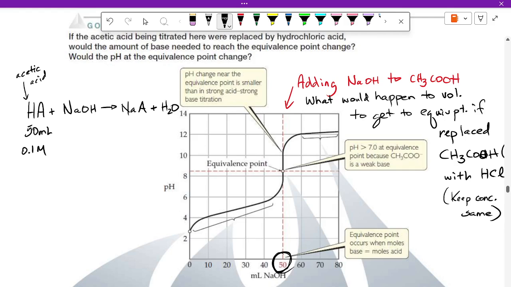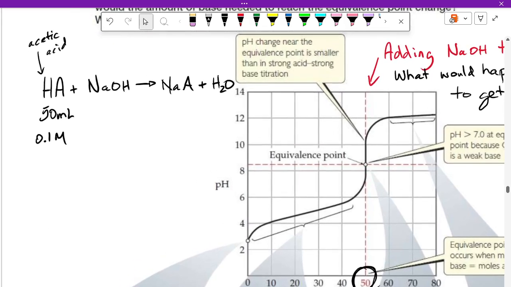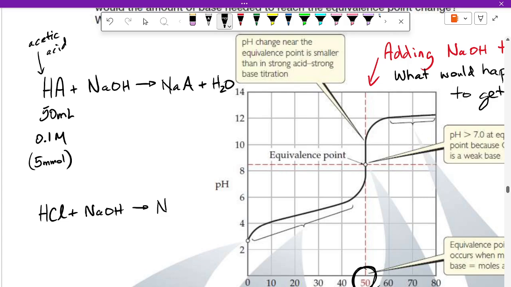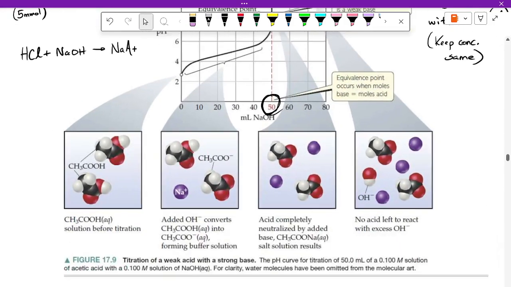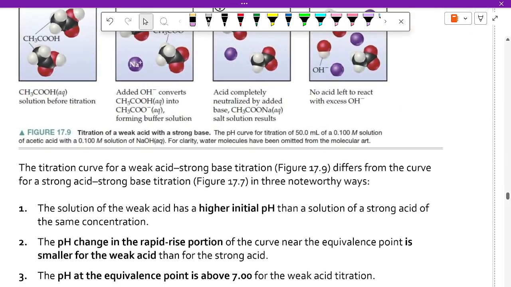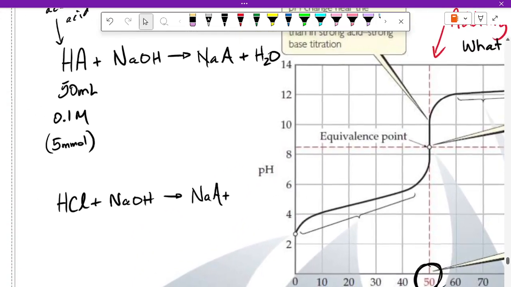So how many moles is that? 5 millimoles. Okay. Our hydrochloric acid, HCl, plus NaOH goes to Na+ plus Cl- plus H2O.